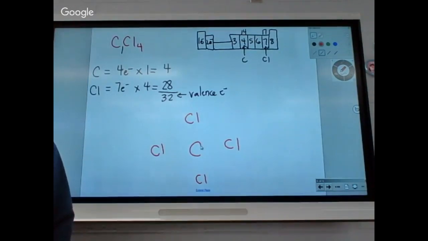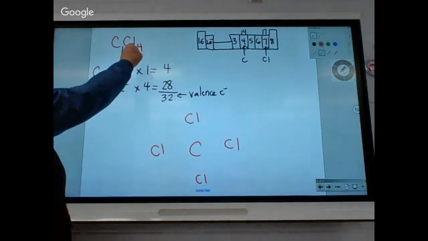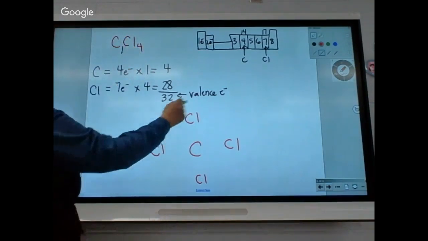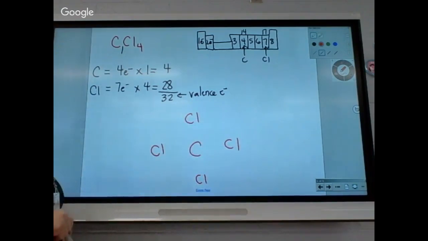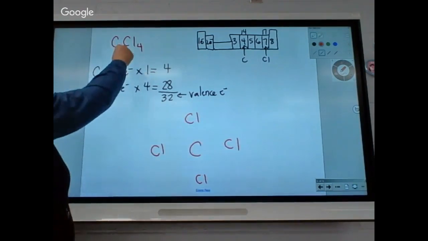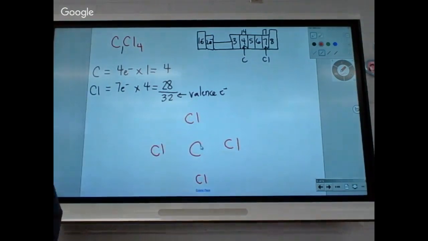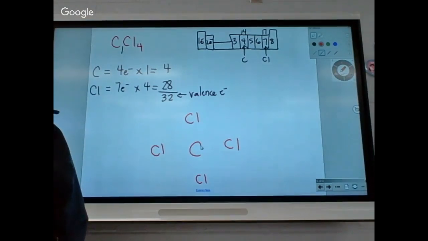If it had said Cl2, I'd have drawn only 2. Whatever that number is tells me how many of these to draw. If it had said Cl5, I'd have drawn 5. But I thought we were doing the dots. That's next. Step 4 is the dots. We're not there yet.